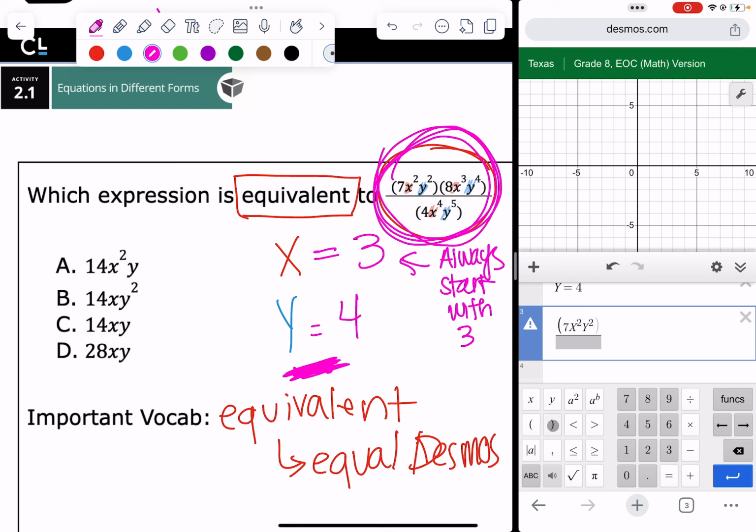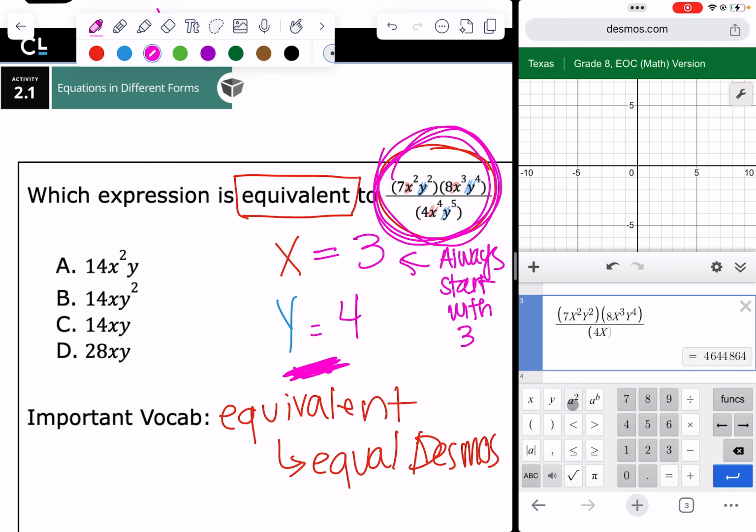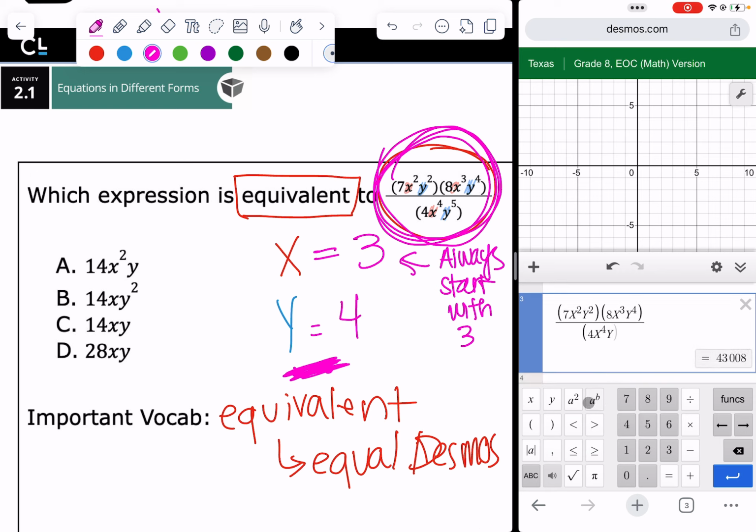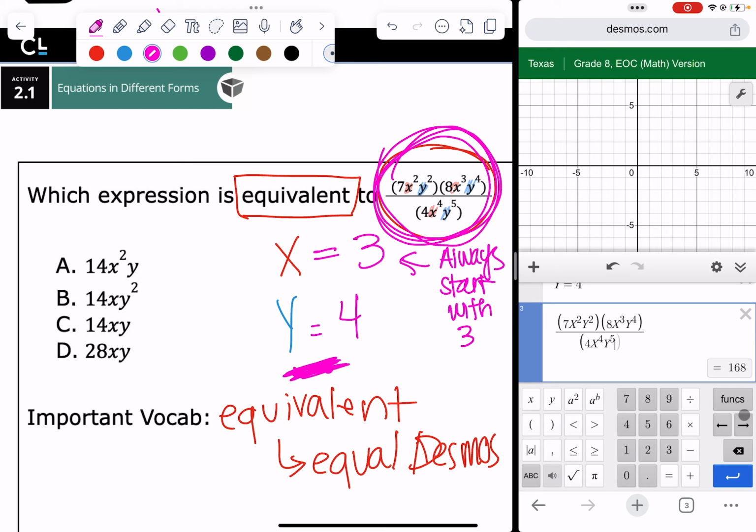Then I'm going to put parentheses again, 8, big X, little 3, boom, boom. To the right, big Y, little 4 to the right, parentheses, then go down to the bottom part, parentheses, 4, big X, little 4 to the right, big Y, little 5 to the right.